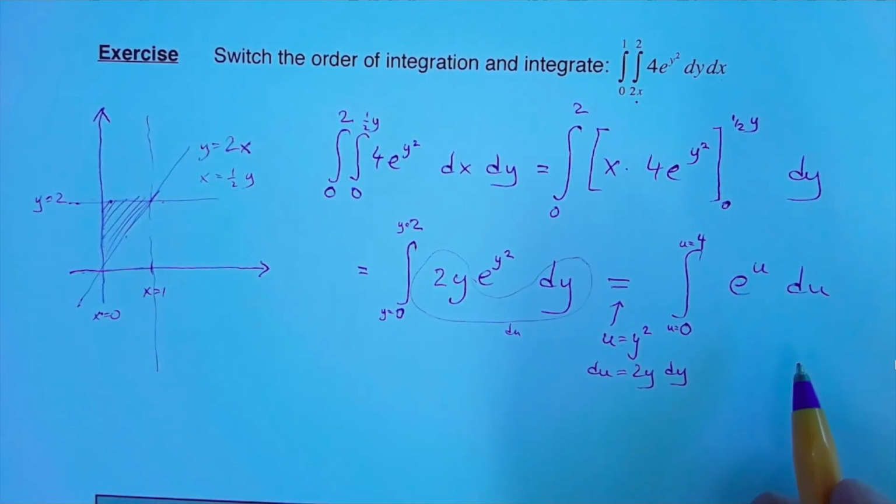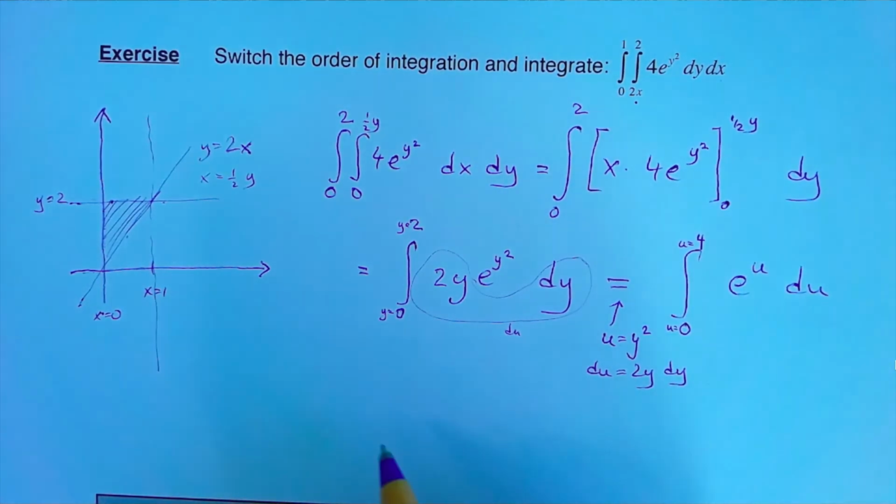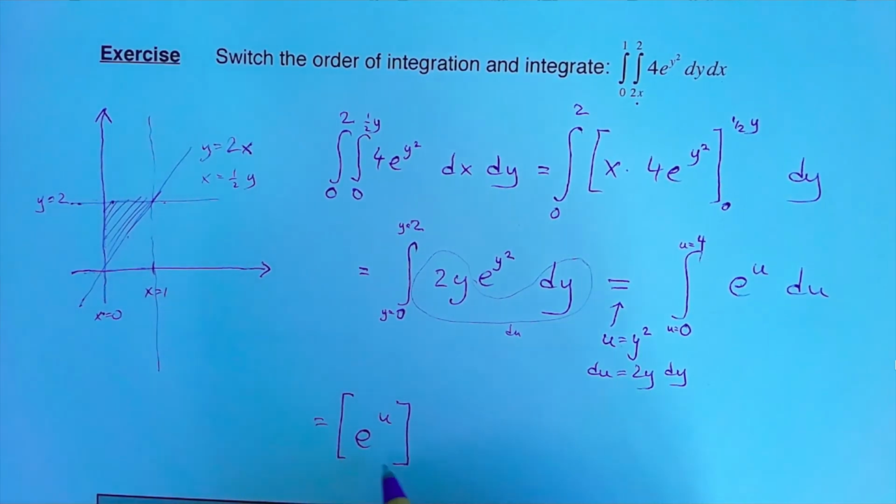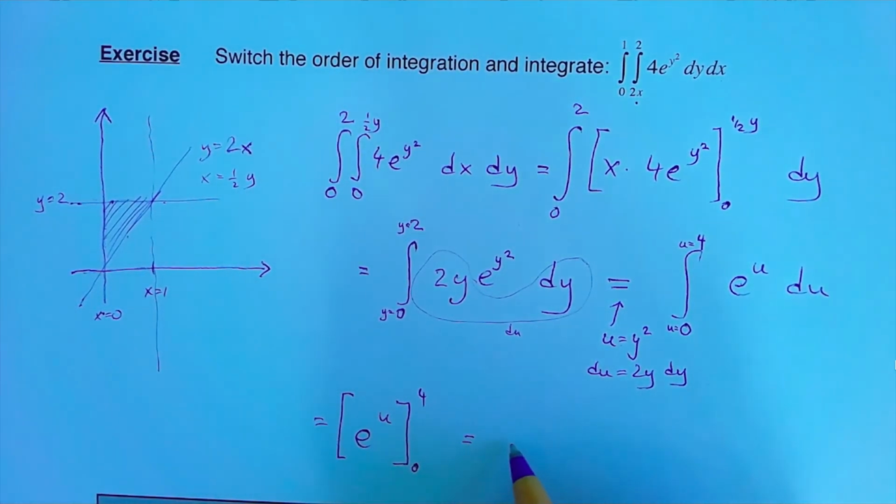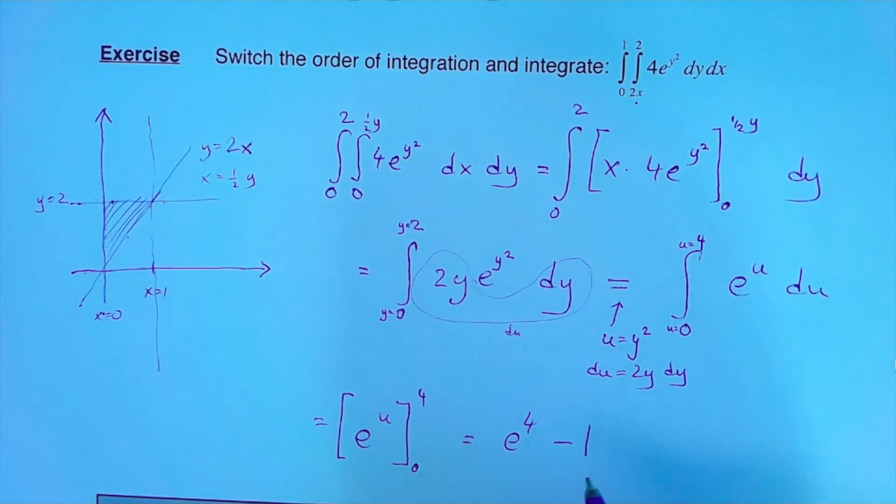So the integral of e to the u du is e to the u, integrated from 0 to 4, and we find e to the 4 minus 1. So as we see in this example, sometimes one order of integration doesn't work, but the other one works.